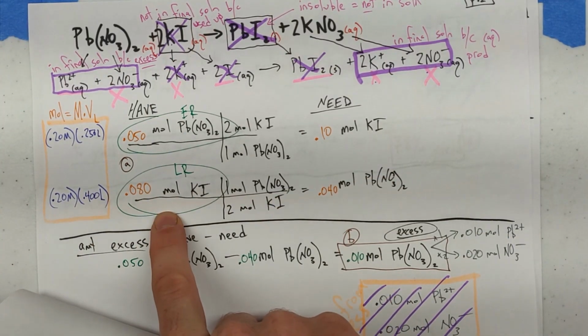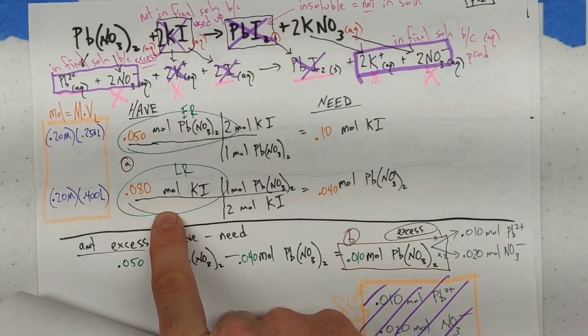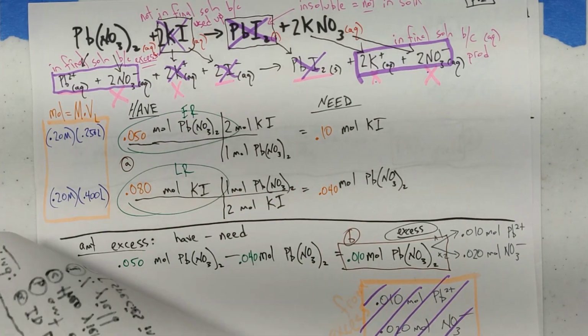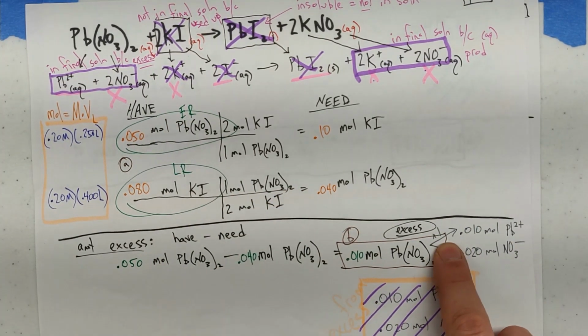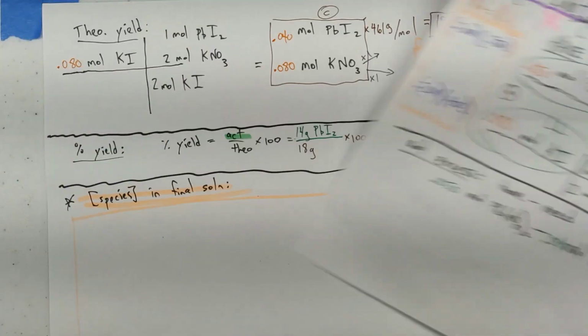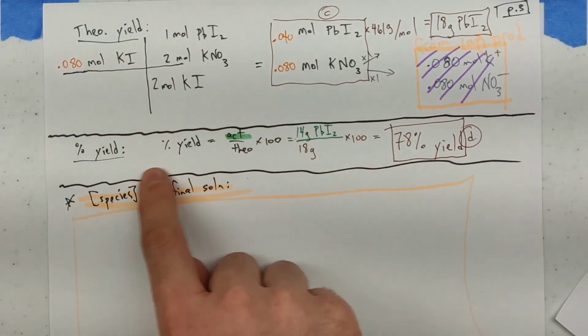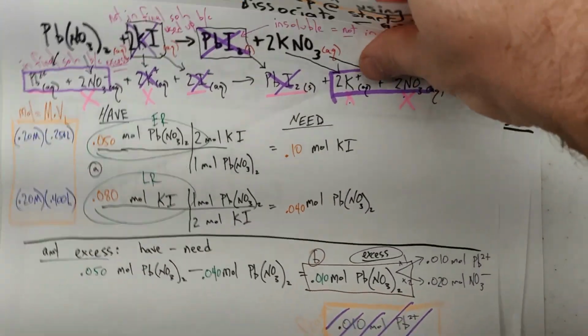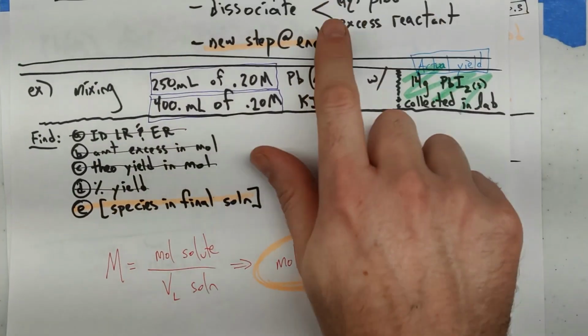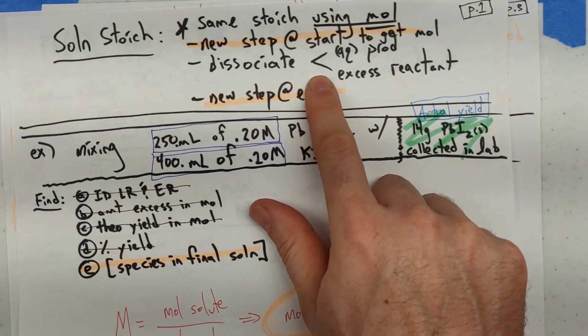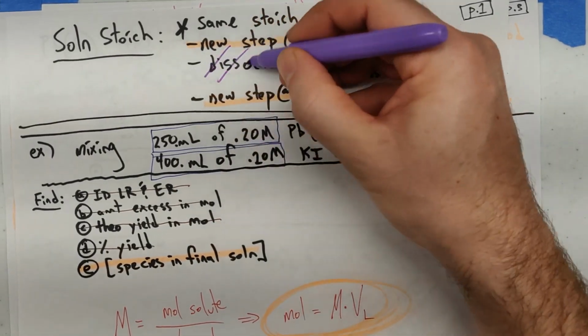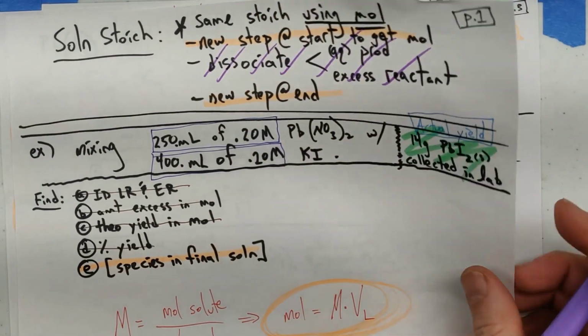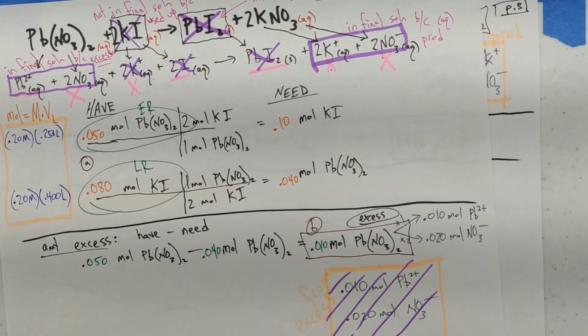Then we entered the part where we had stoichiometry as we always did. We found our limiting and excess reactant. We got an amount excess. We got a theoretical yield, and we got a percent yield. That's all old information. And then we had to dissociate the aqueous product and the excess reactant. And we did that right here. That was a new step.